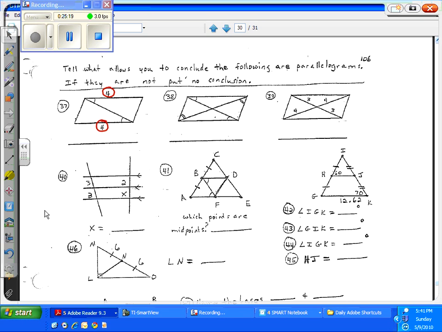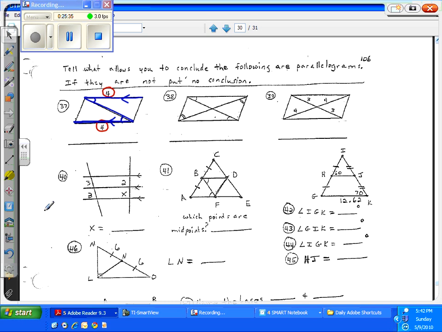Now, number 37, we've got a pair of opposite sides that are equal, which isn't enough to prove it in and of itself, but it does show us that this angle is equal to this one. Now, these are alternate interior angles are equal. If alternate interior angles are equal, then the lines that form them are parallel, so that tells me that the top is parallel to the bottom.